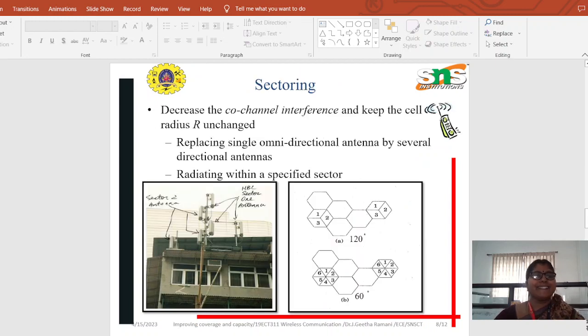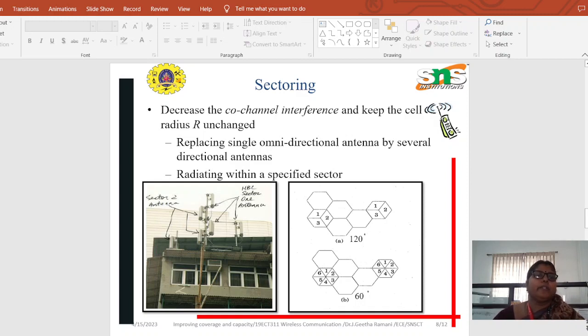Next we move on to sectoring. Here what we are doing is decreasing the co-channel interference. Co-channels are nothing but channels which use the same set of frequencies, where the interference is attempted to be very low, and we keep the cell radius R unchanged. Here we are trying to keep the cell size unchanged, whereas we want to reduce the co-channel interference.